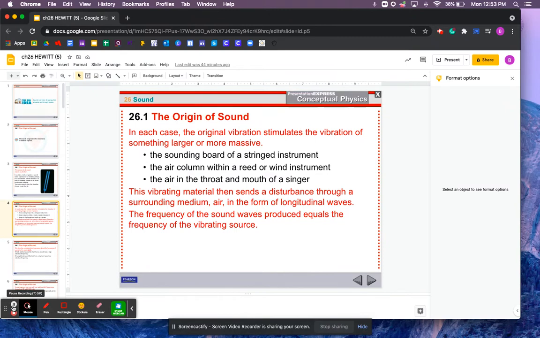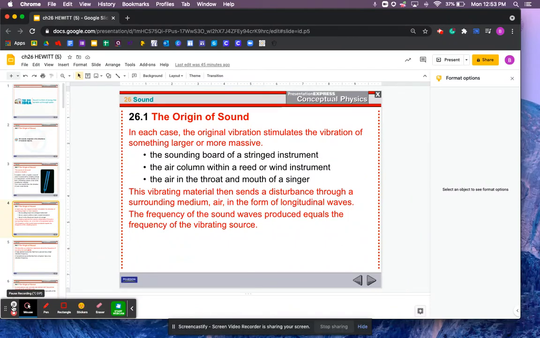If you're thinking of a guitar, the string produces a vibration on the guitar itself, and that produces an even bigger sound. If you think of a saxophone or a clarinet, the vibration occurs in the mouthpiece, but then that vibration vibrates throughout the entire column of the instrument, and that produces a bigger sound.